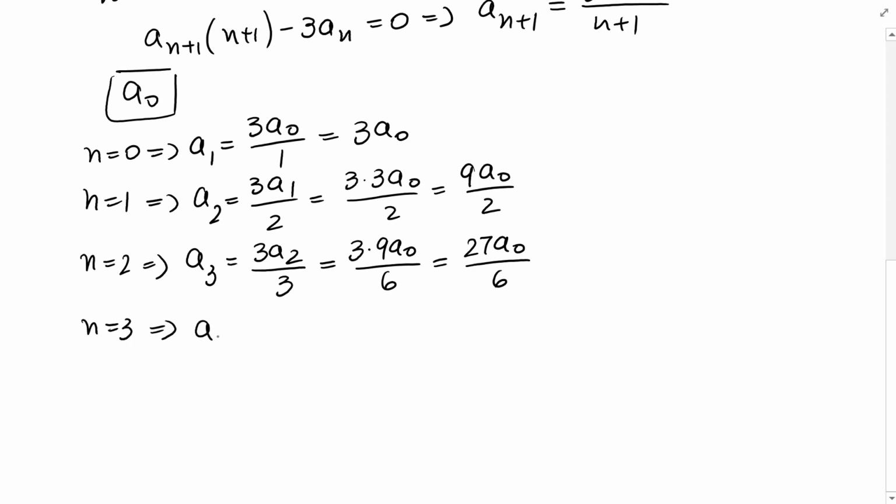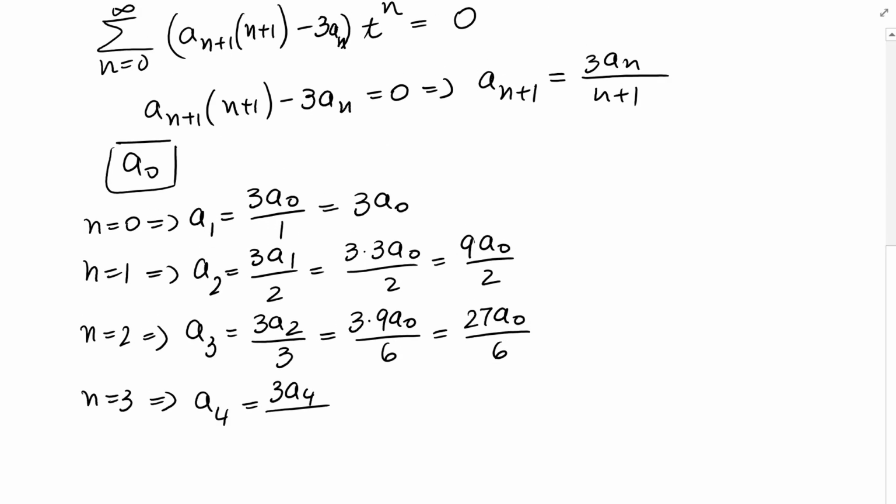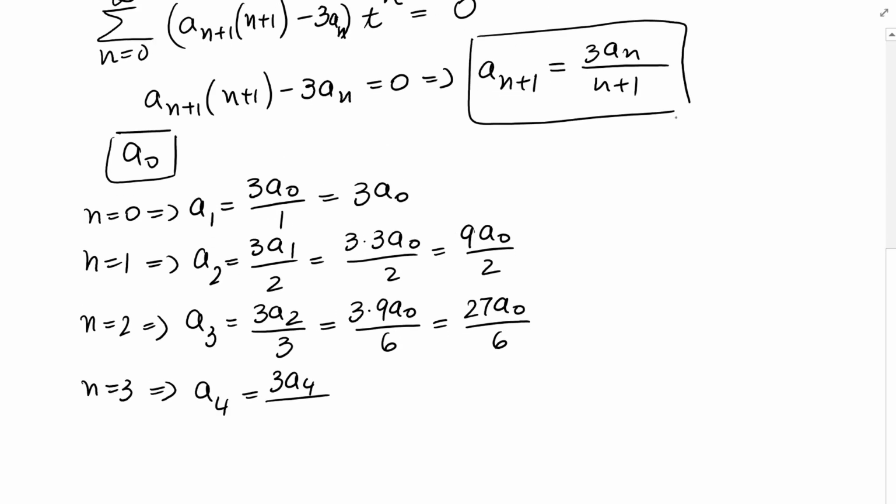So a sub 4 equals 3a sub 3 over 4. That means 3 times a sub 3 is 27 a sub 0 over 6, so it would be 6 times 4, 24. So it's 81 a sub 0 over 24.